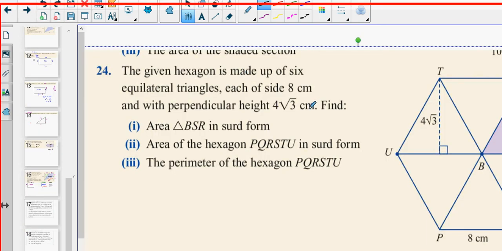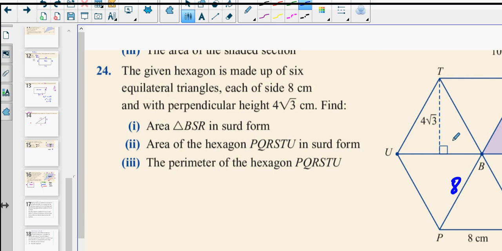Alright, look at this one. So, with one like this, the deal with hexagons is that given hexagons make 6 equilateral triangles, each side. It says they're equilateral, so that means everything's A. Okay, that makes things easier.